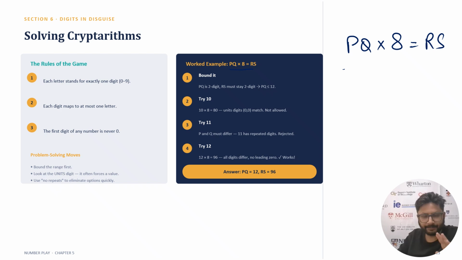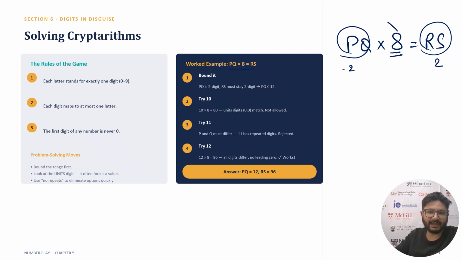This is given to you. Now you have to find out the possible values of P, Q, R, S. PQ is a 2-digit number. RS is a 2-digit number. Multiplication of 8 with a 2-digit number should again result in a 2-digit number.